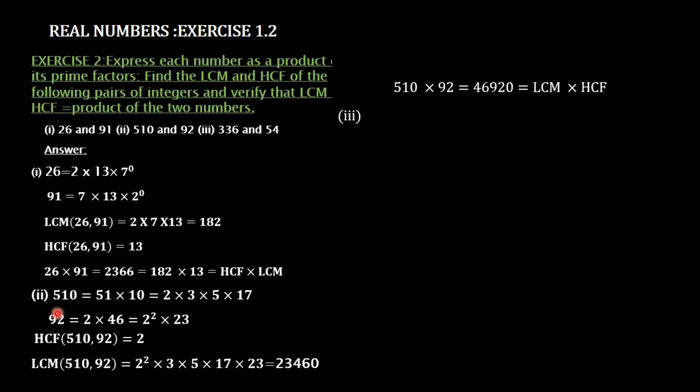Then, next, what is that? 336 and 54. What is 336? 3 into 112. 112 is what? 3 into 2 into 7 into 2 into 2. What is 112? 112 is 16 into 7, okay.